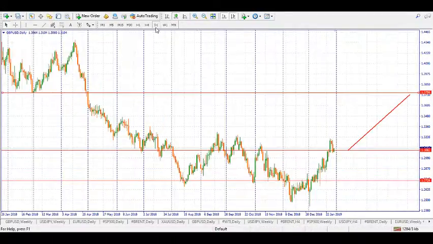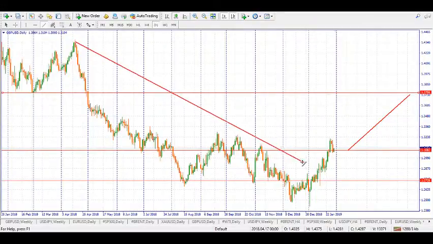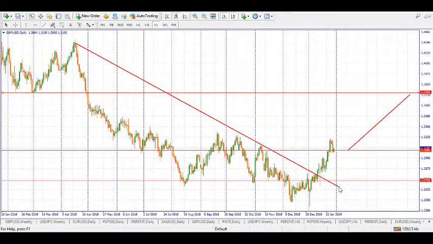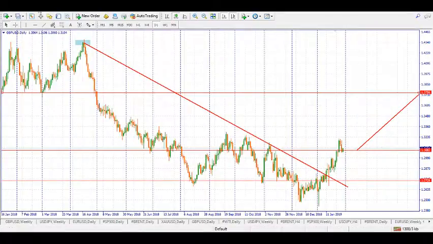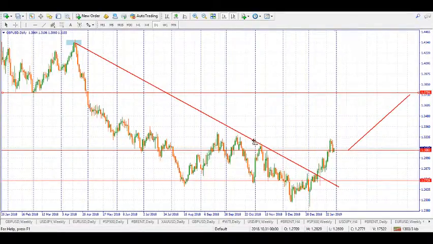Let's move to daily. On the daily, I had a line at this point yesterday, and then I mentioned that this was a good resistance here, and then there's a second resistance somewhere here, like this, and then we have the same resistance being broken at this point.